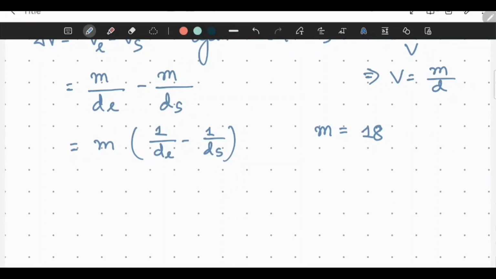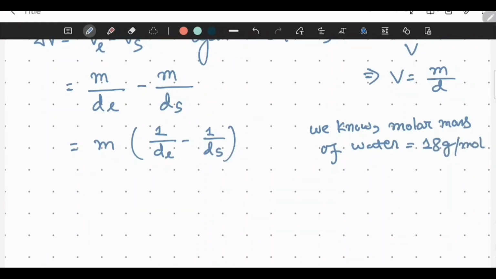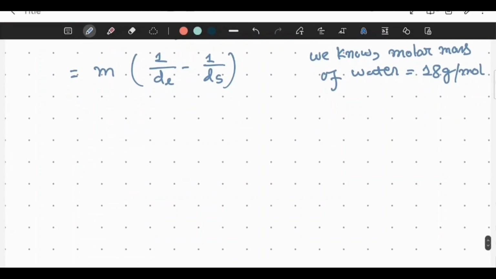We know the molar mass of water is 18, that is 18 gram per mole. So 1 mole of water has a mass of 18 gram. So here we can write 18 kilogram.